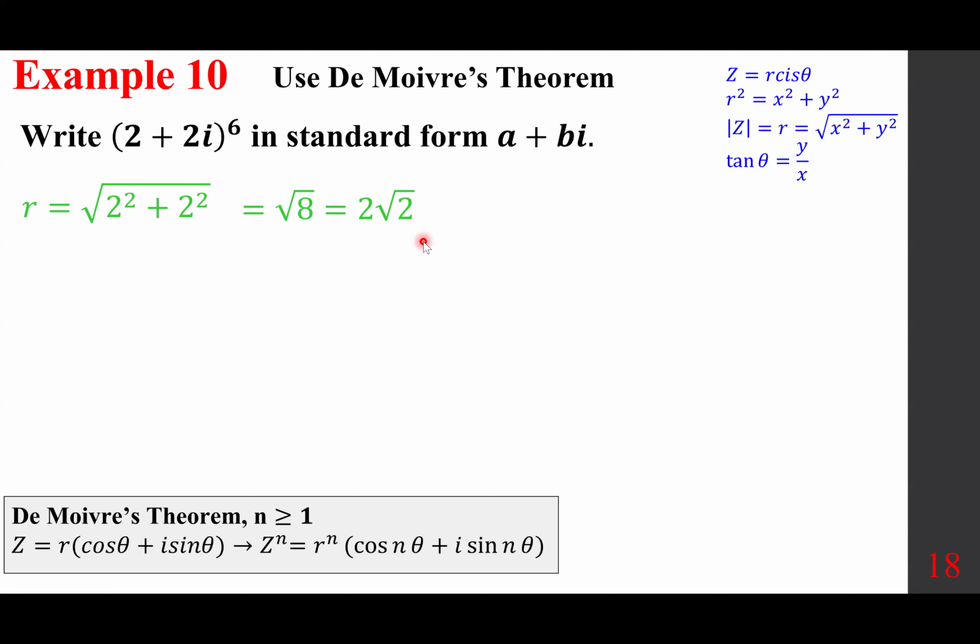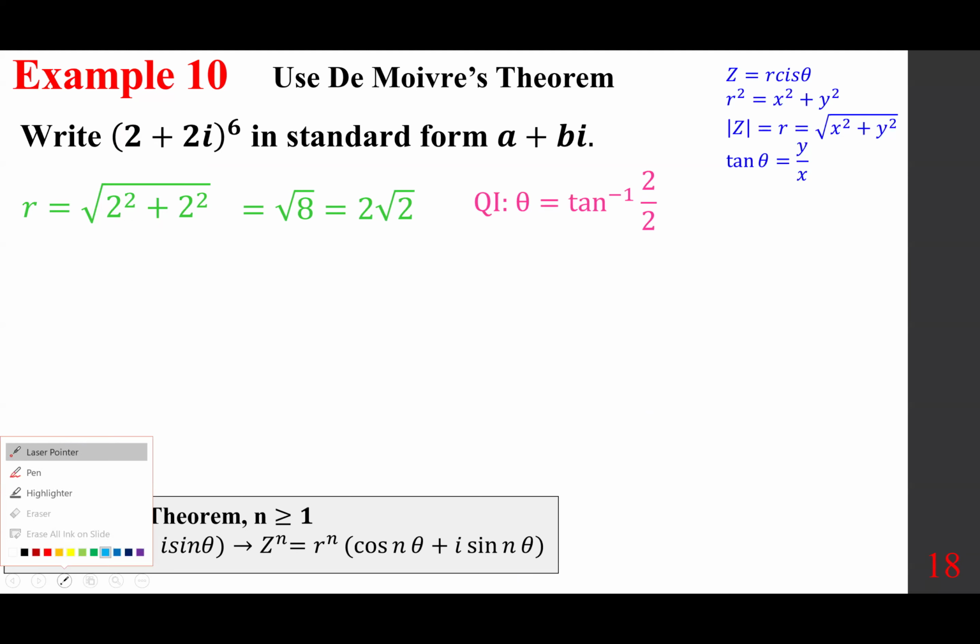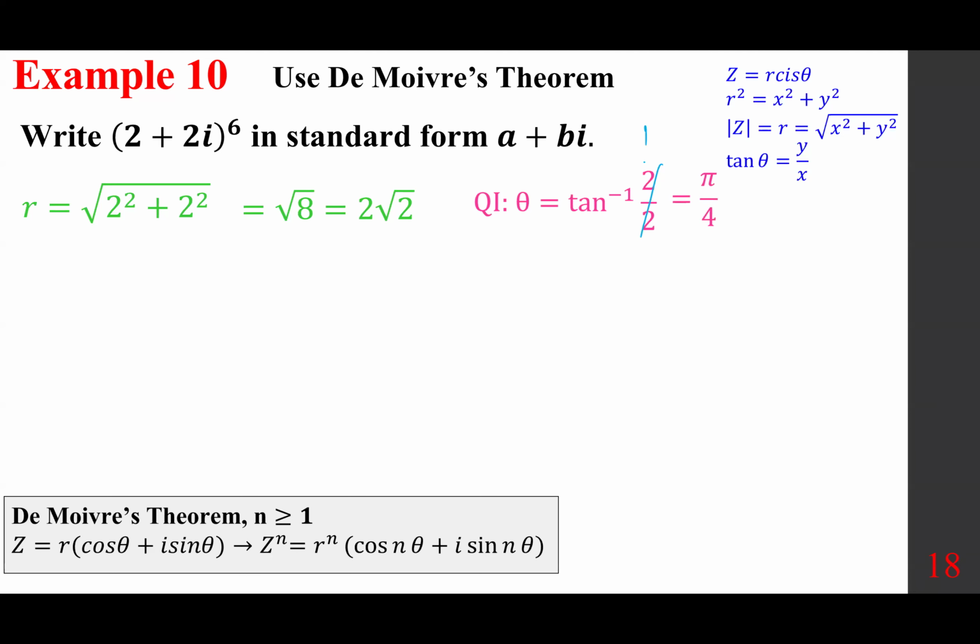In the first quadrant, tan inverse of 2 over 2, which makes it tan inverse of 1, which is pi over 4. So 2 plus 2i is r cis theta, 2 square root of 2, cis pi over 4. Okay, that's the same.